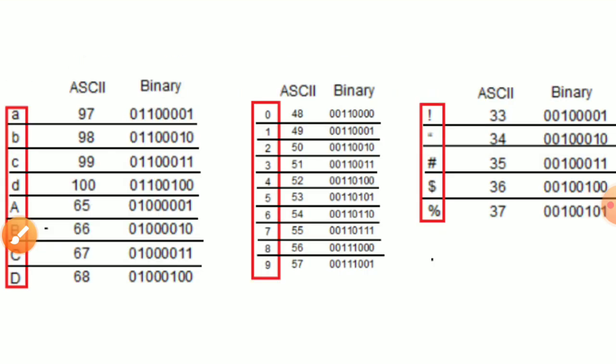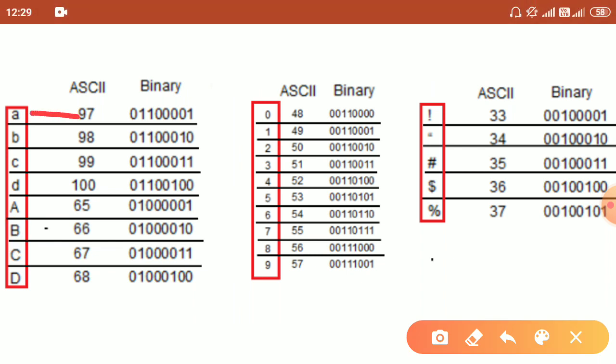If you see this table here, it has been decided that A will be represented by 97, B will be represented by 98. I'm talking about small letter A, small letter B. Similarly, capital A will be represented by 65, capital B will be represented by 66.